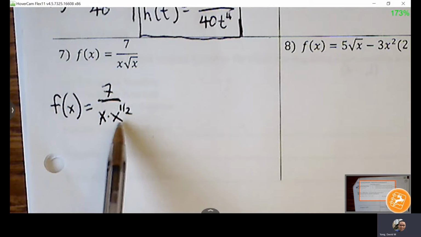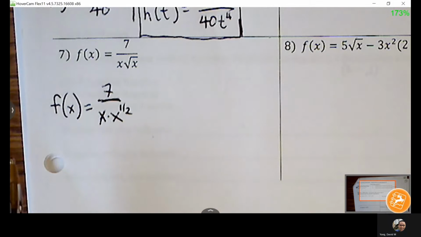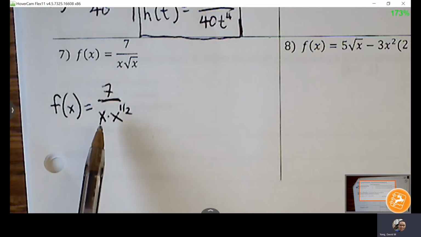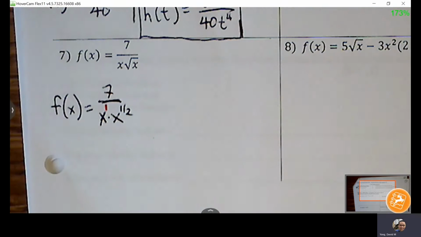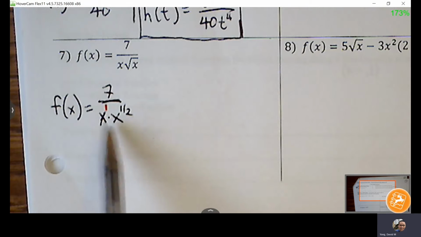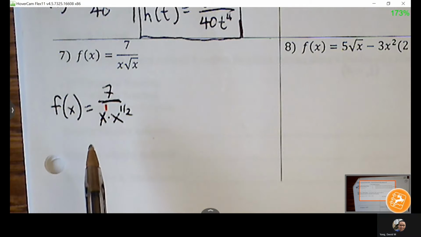So how do I combine the x and x to the 1/2 together? We have to deal with the exponents. There's a hidden exponent with this x, which is what? It's a 1. What do I do with those exponents to help combine these two terms together?